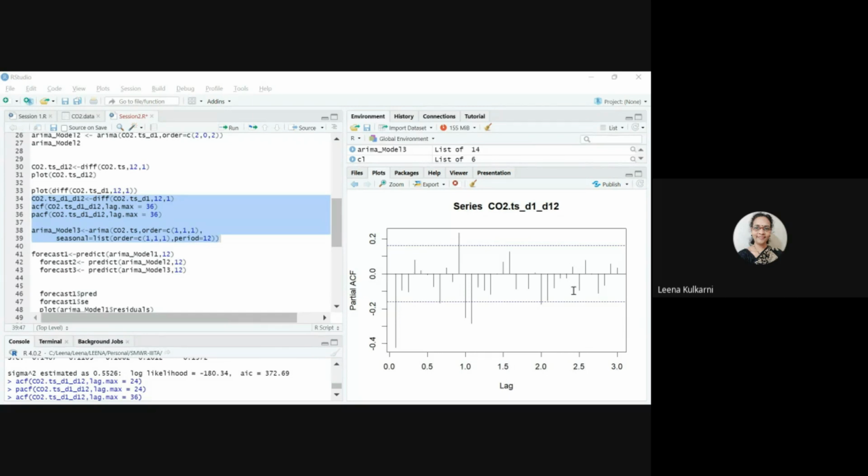And another set of commands, which I have also posted in the chat box, tries to fit a model to the first order non-seasonal and first order seasonal differenced data. I'll just wait for 5 minutes, and you can execute these commands on your laptop and let me know if you have any queries.